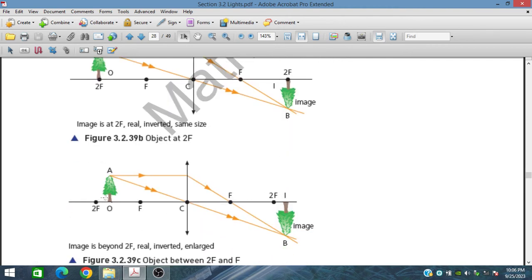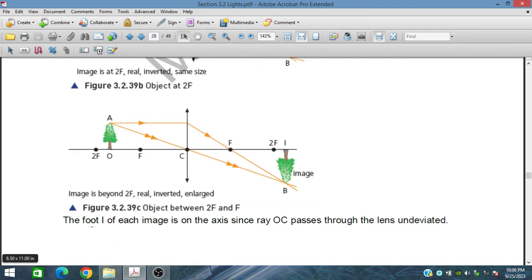If the object is placed between f and 2f, then its image will be formed beyond 2f, and it will be enlarged. The size of the image will be larger than the object, far away from 2f, and it is a real, inverted image.